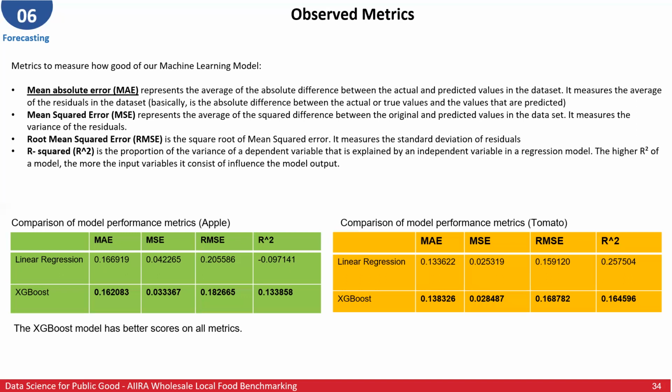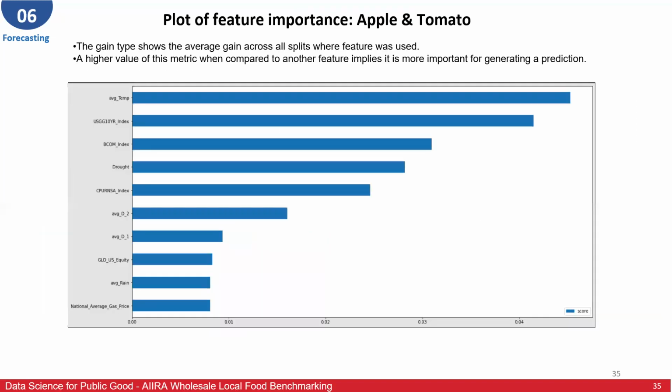For the MAE of the apple model, linear regression was almost 17 cents off on average, and XGBoost was just about 16 cents off on average from the actual price. It's similar for the tomato, with 13 cents off for linear regression and almost 14 cents off for XGBoost.